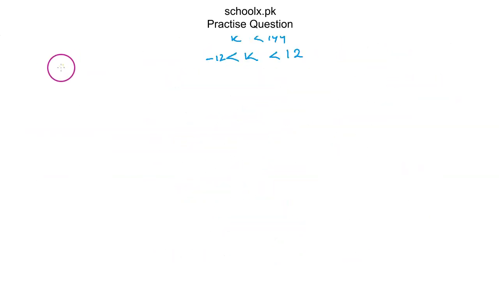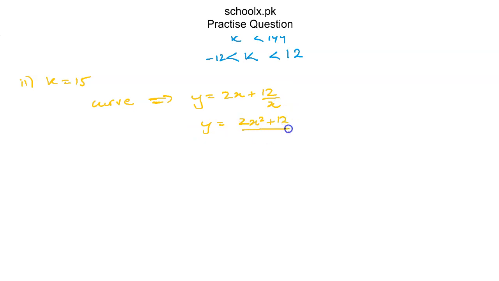So with k equals 15, the curve is y equals 2x squared plus 12 over x, and the line is y equals x minus k. We'll equate these two, so we get x minus k equals 2x squared plus 12 over x. Now k is 15, so I'm just solving it.